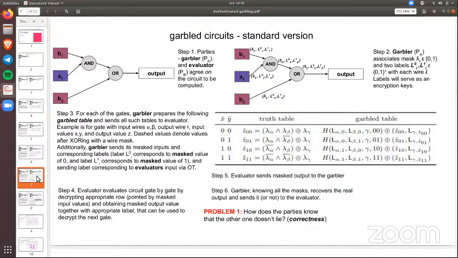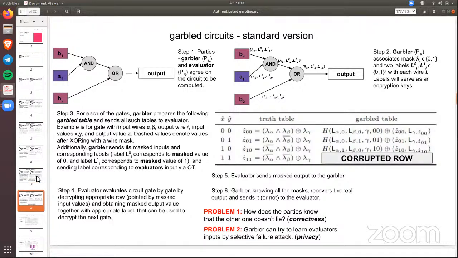And the second problem, which is perhaps even bigger, is that the garbler can try to learn the evaluator's inputs. How could that happen? The garbler could create this table in a way that in some of the rows there are reasonable values, but one of the rows is totally corrupted.